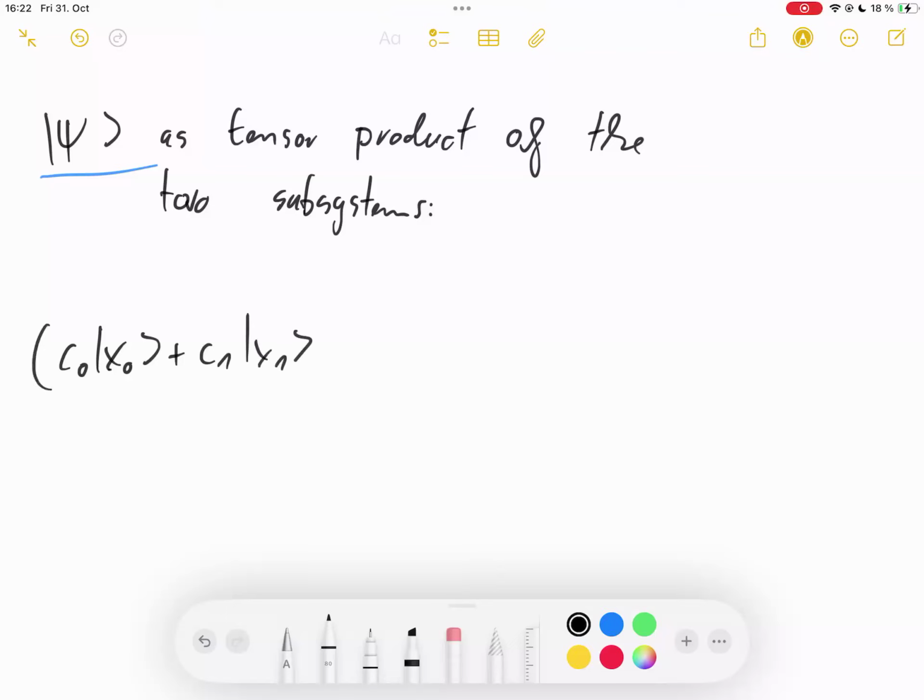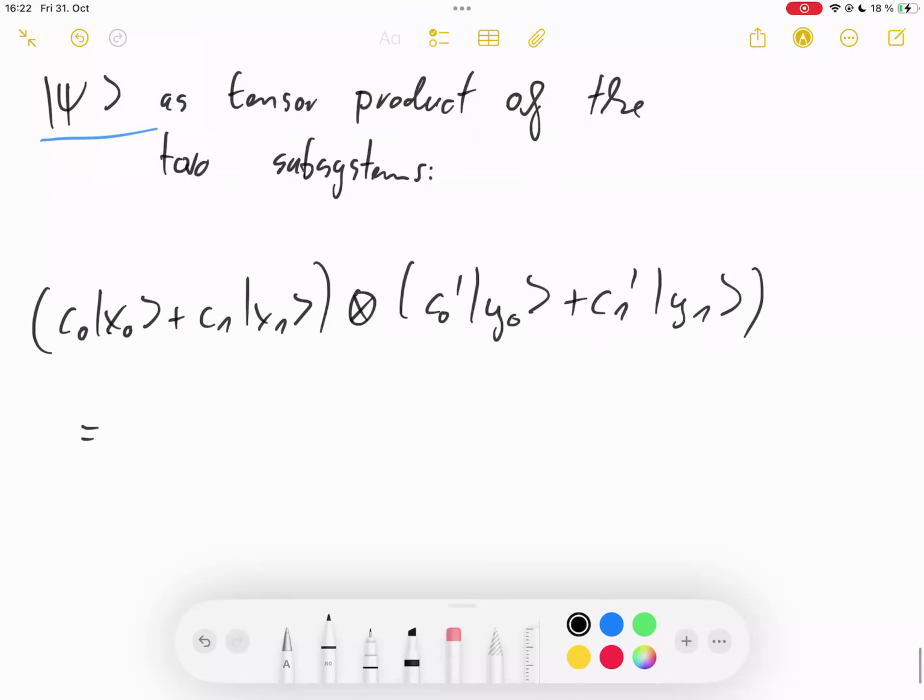So the first system, and the tensor product with the second generic one, which was C0 prime times Y0 plus C1 prime times Y1. And if we build the tensor product from this, we'll have four components because we have four basic states then.